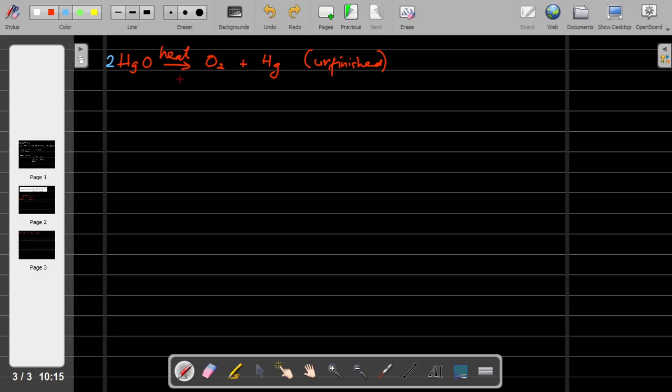The only thing that we can do is put the coefficient number in front of the elements or the compound. So in this case we cannot put a small 3 here. No, we cannot. We are only able to put a coefficient number in front of every substance here.